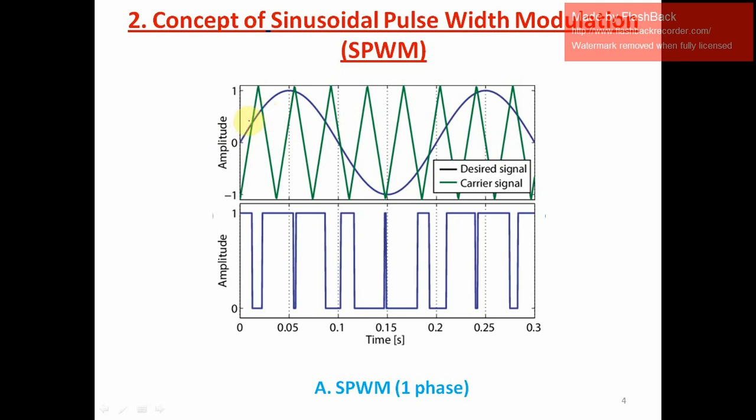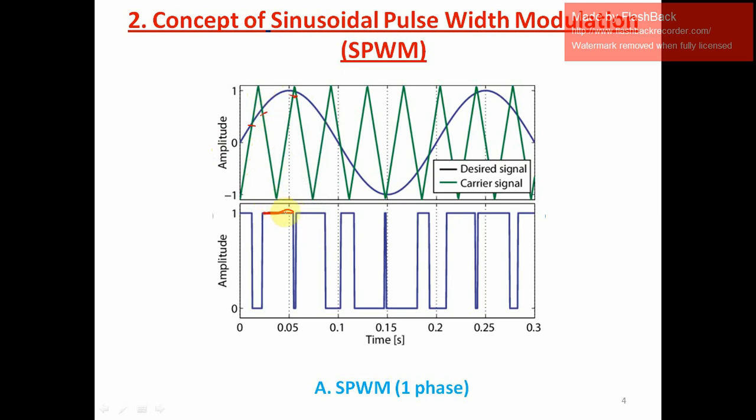So say this is crossing at this particular point, here and here, and from this point to this point. So we have this much width of the pulse.